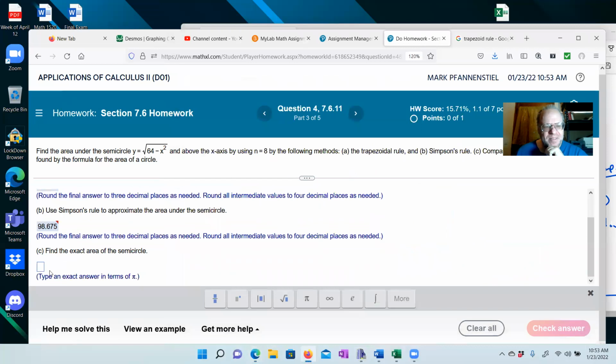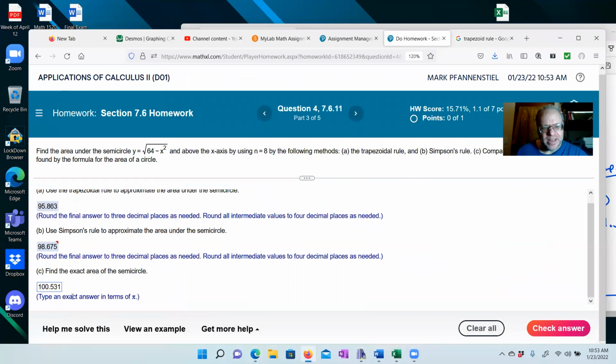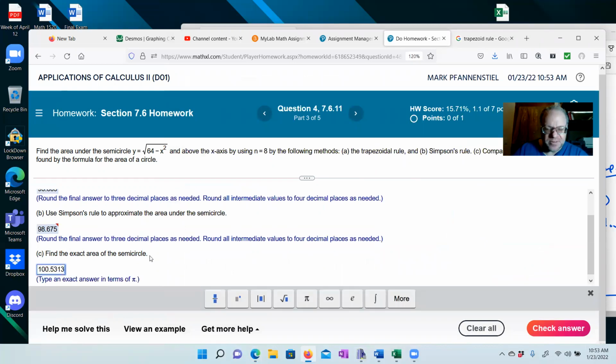100.531. 100.531. All right, check. Make your answers in terms of pi. Exact answer in terms of pi. All right, that was 32. What was that?